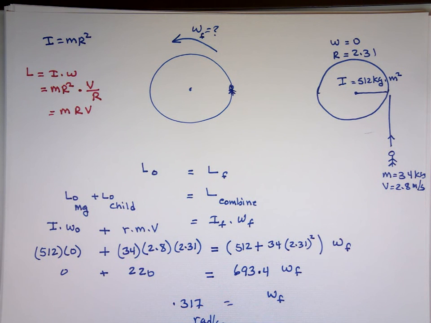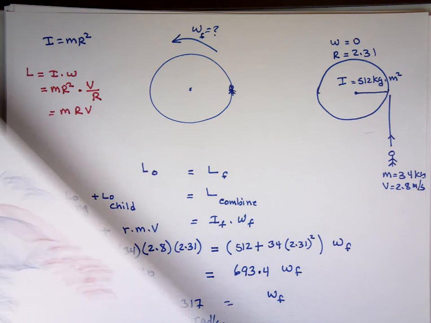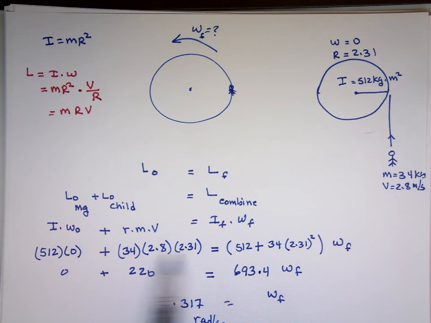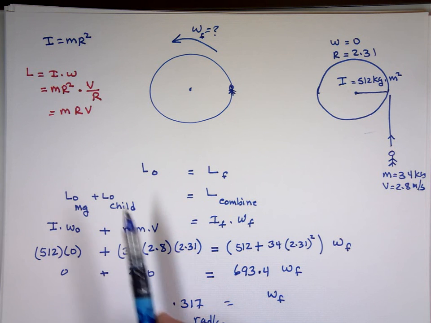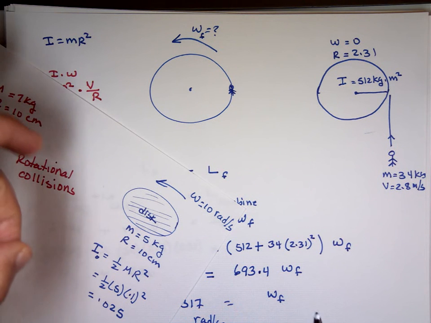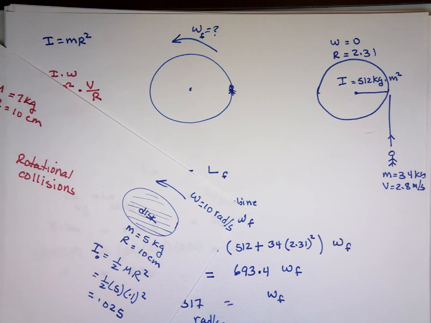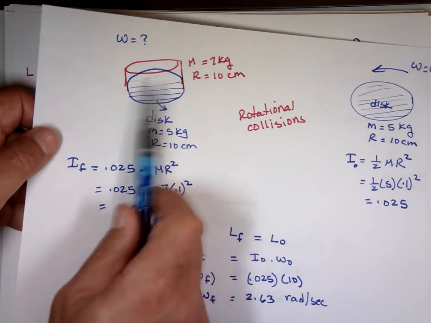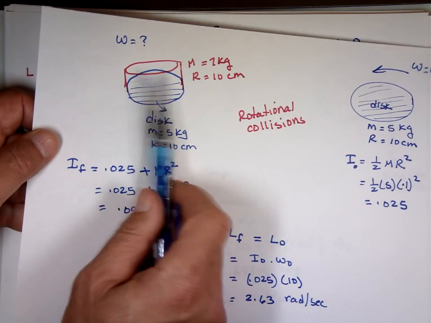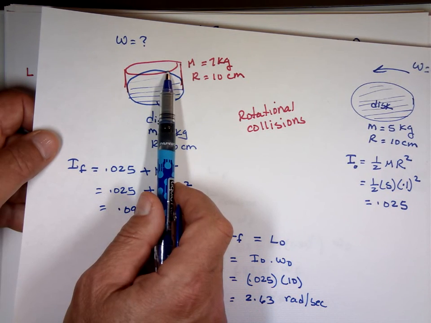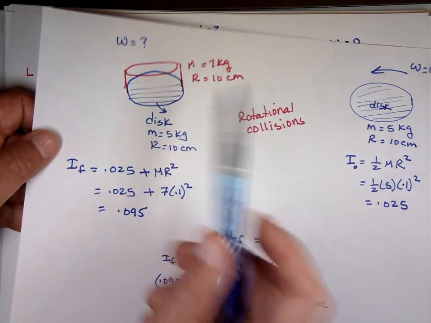We went from 0 speed to a final speed of 0.3. In the previous one, we dropped it straight down, so we never had to add this piece because there was nothing moving. I just dropped it down on top of it. The piece I dropped in that example didn't have any initial angular momentum, so it just increased the inertia, which made it go a little bit slower.